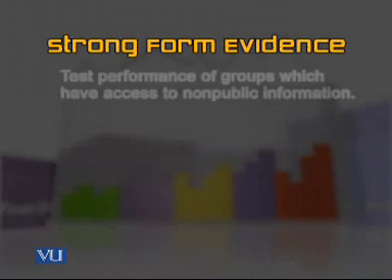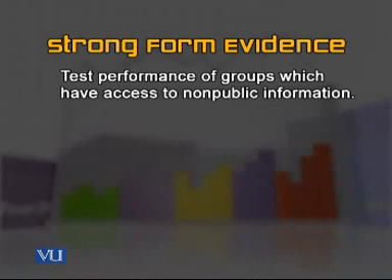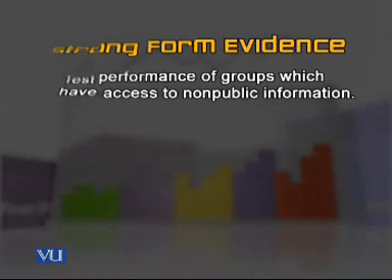The evidence is to test performance of groups which have access to non-public information. आपको पता चल जाएगा. You look at the balance sheets. How can you be able to avoid all this? आपको broker से पता चल जाएगा. This XYZ gentleman gave an information that he would be buying such and such shares, and this public information is not available.